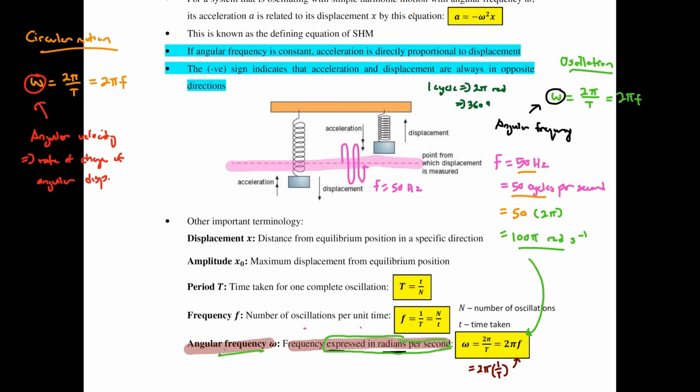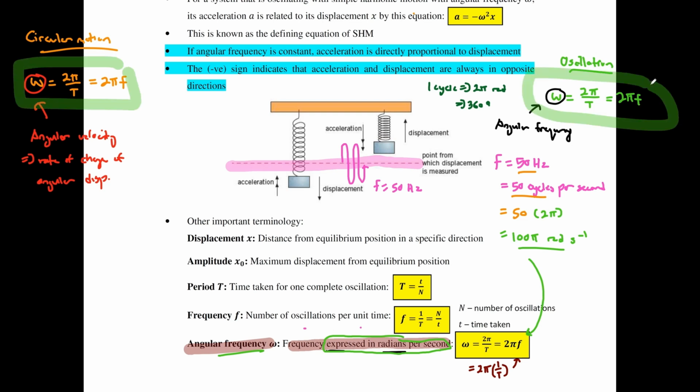It is known as your angular frequency. You're basically just taking the frequency and expressing it in a different unit by multiplying it with 2 pi. So this is how you make sense of what angular frequency actually is. Now, in oscillation and circular motion, you have that same equation, but they both mean different things. So depending on what question you do in your past year questions later on, please be very careful about what the omega means.